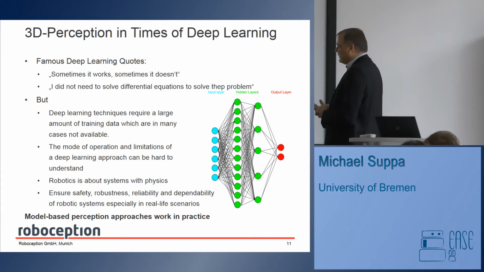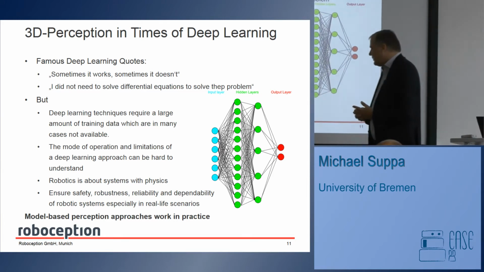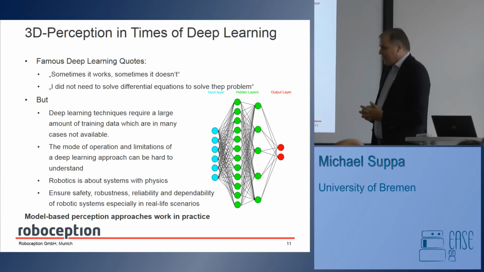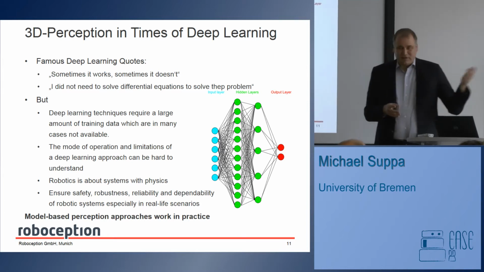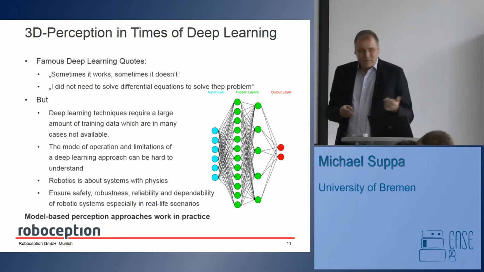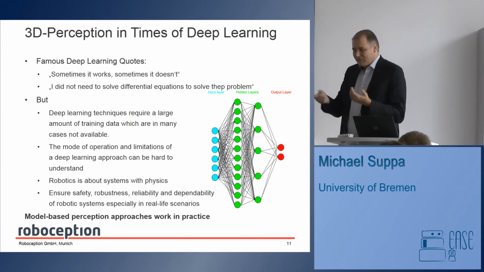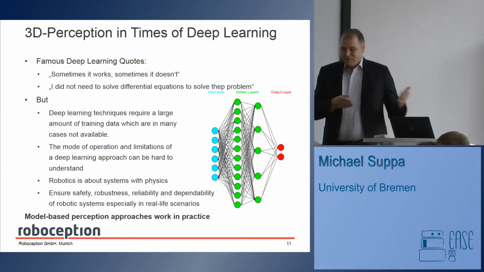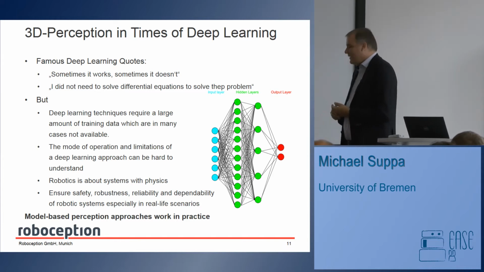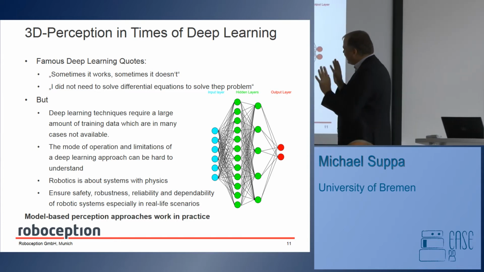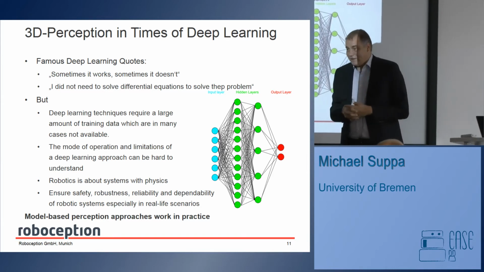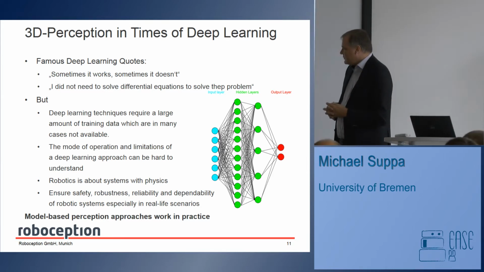And lastly, safety, robustness, reliability, dependability in real-life scenarios. So as I said, you cannot control the environment. So what happens if a bird flies by, you have never seen this before, it induces some reaction on your system, you don't know what it's doing. That is really something that, for me, sometimes gives a bad feeling about many of the learning approaches.